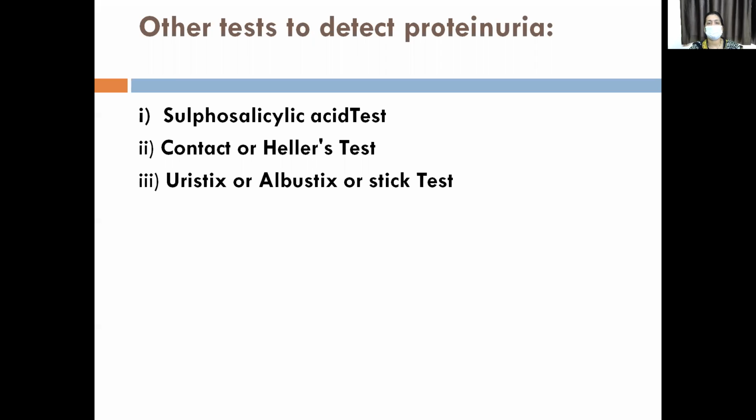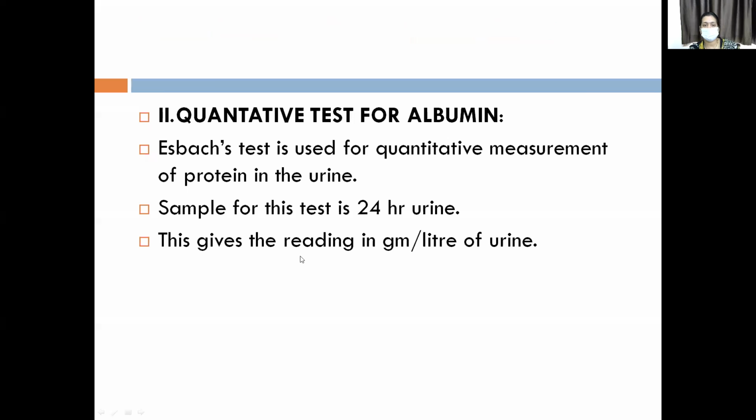Knowing about proteinuria, the chemical examination, we started with proteins. In proteins, we talked about why there is proteinuria, the grading of proteinuria, and the types of proteinuria. Then we spoke about the heat coagulation test, which is a test for proteinuria, then microalbuminuria, and then other tests that can be done other than heat coagulation, like sulfosalicylic acid, contact, Heuristics, Albustix and all of that.